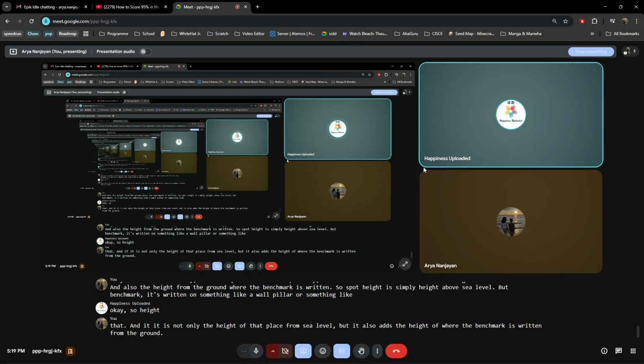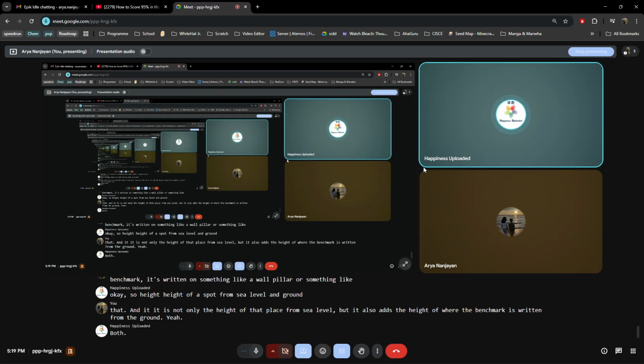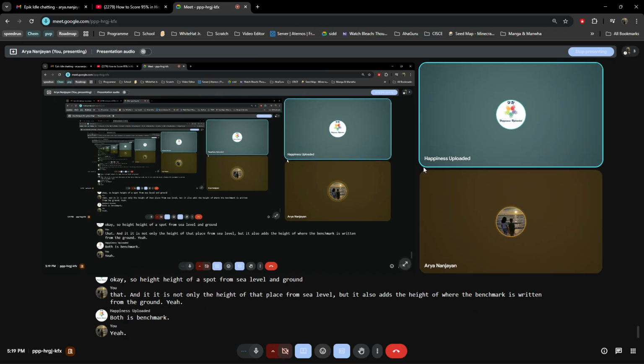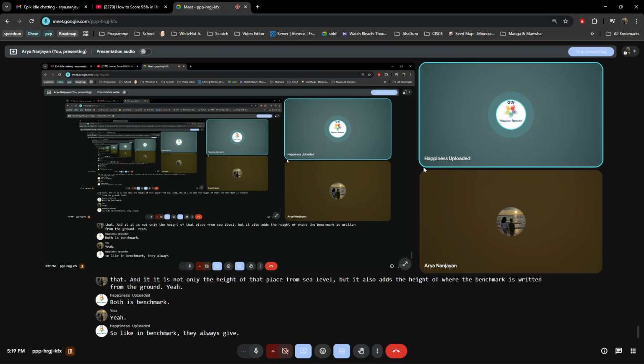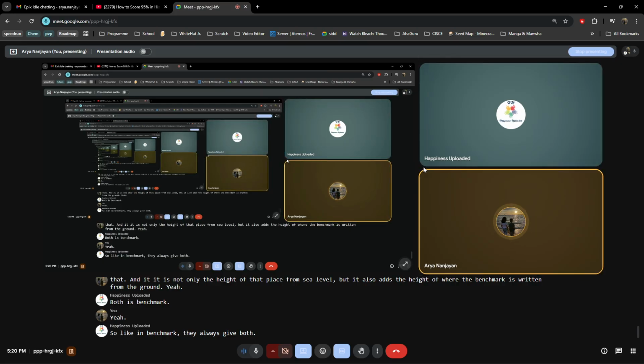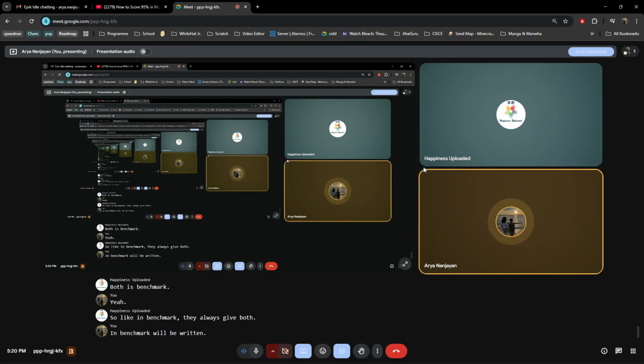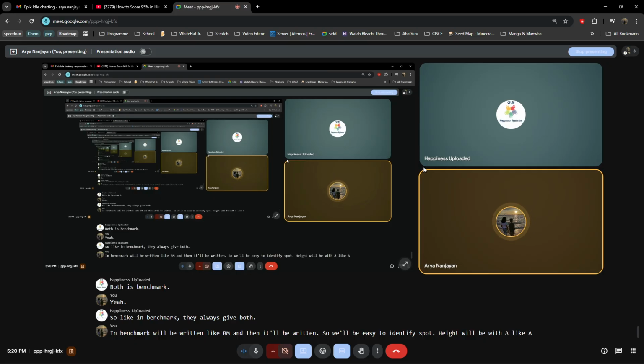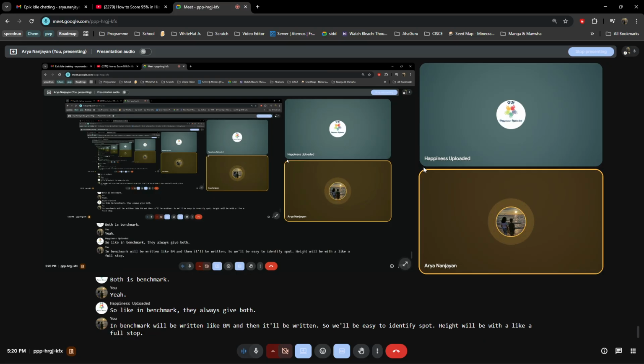So it is the height of a spot from sea level and ground. In a benchmark they always give both. It'll be written as BM, so it'll be easy to identify. Spot height will be with a full stop, and a triangulated height will be a triangle.